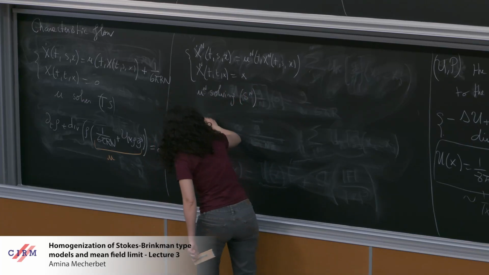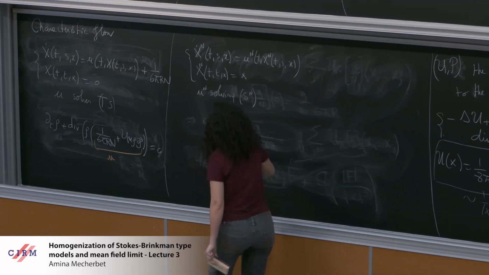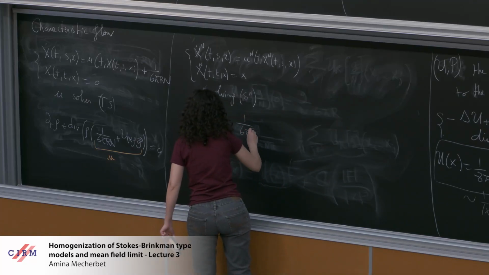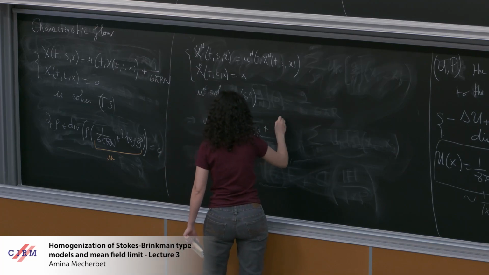But remember that un, we said that it was almost like 1 over 6πr un of xi n plus this.